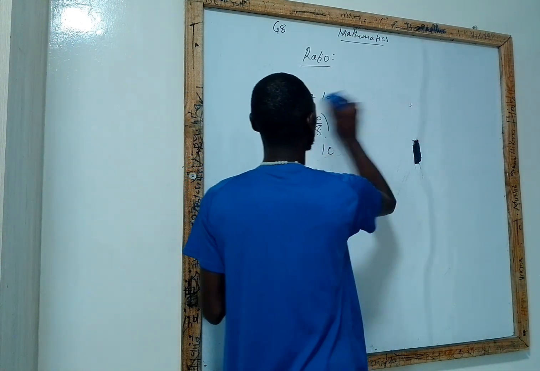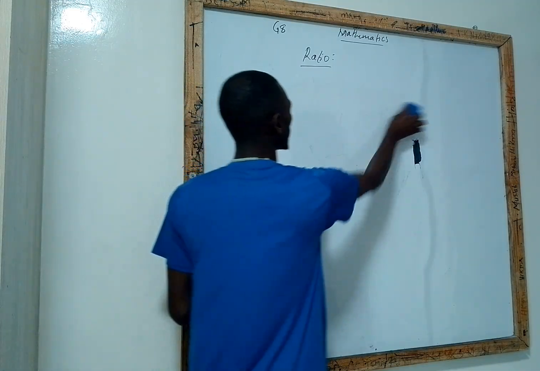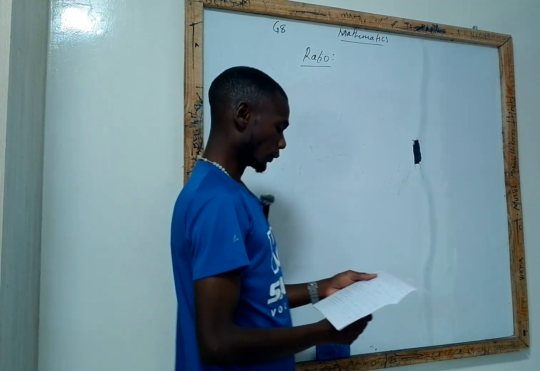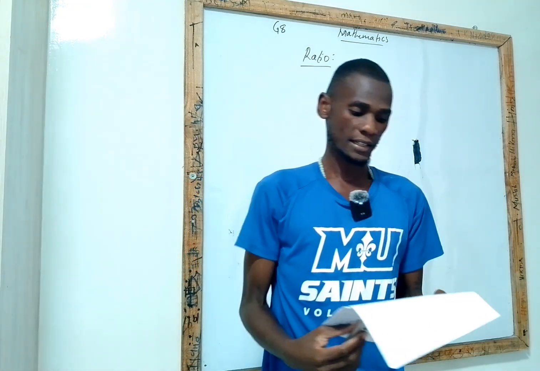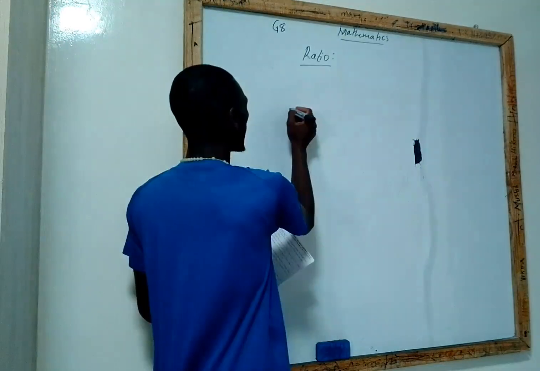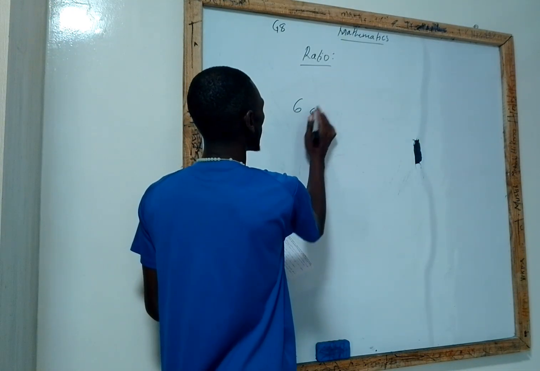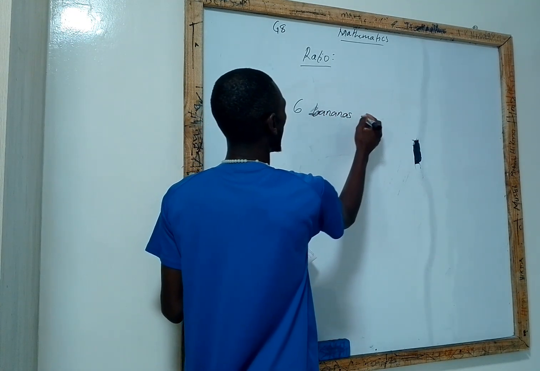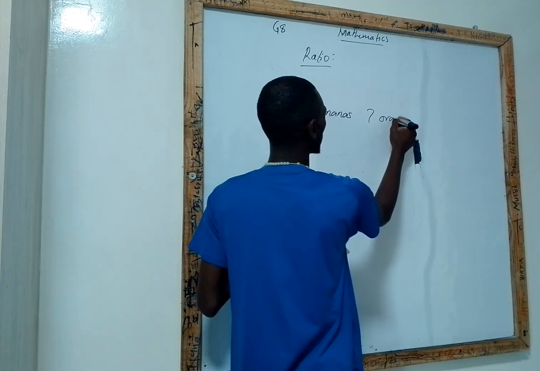Now, let us look at some examples of expressing these ratios. Maybe just an example, then we move to another thing. A basket has 6 bananas and 7 oranges. So a basket, that means it is just one basket. And this basket has 6 bananas inside it and 7 oranges.